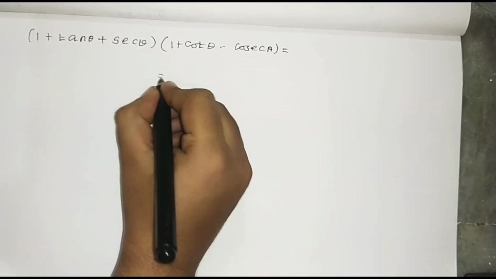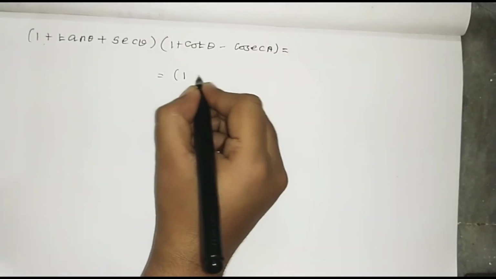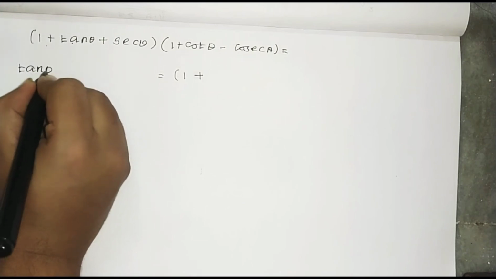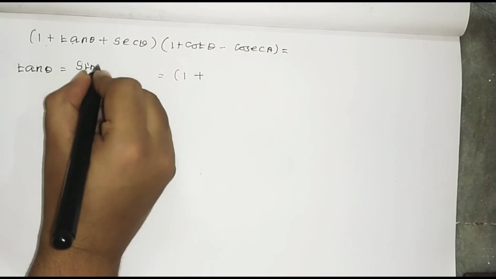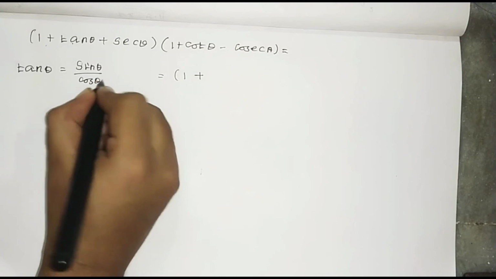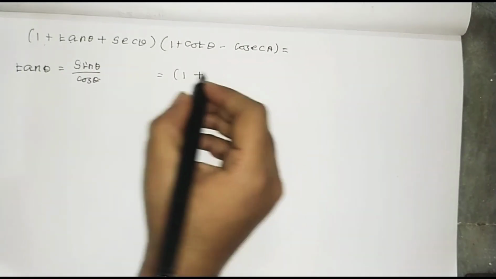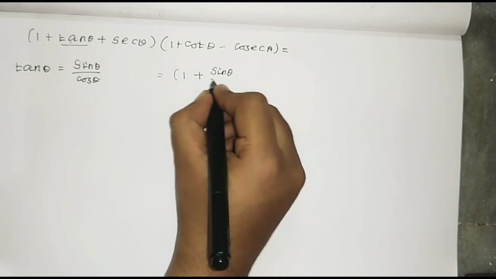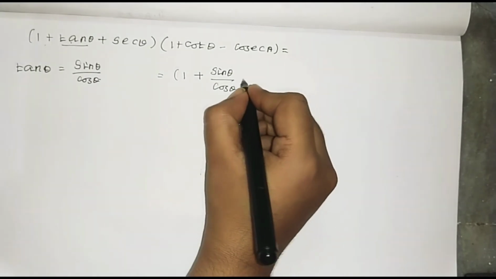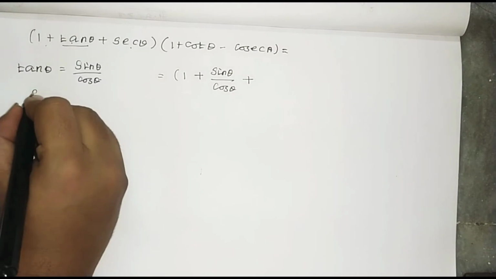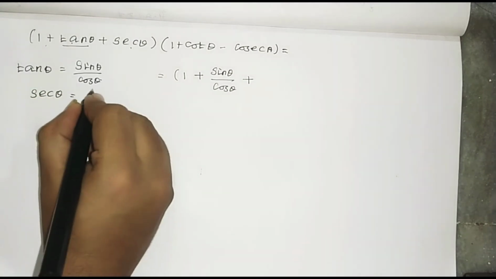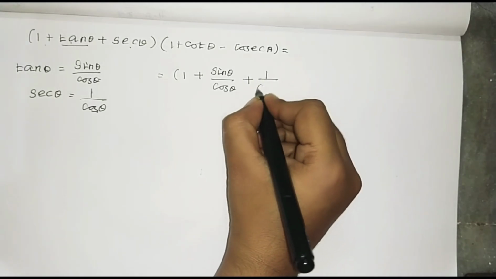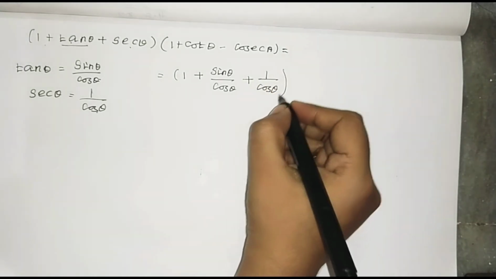Here 1 I am writing as it is, plus tan theta. Tan theta we can write as sin theta divided by cos theta. So this formula we can use here. Instead of secant theta I am writing 1 divided by cos theta.